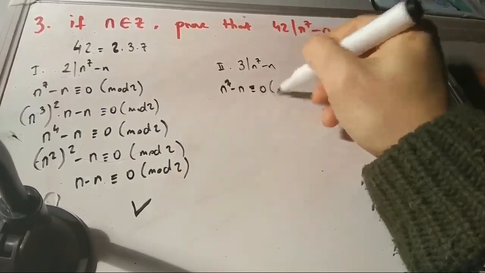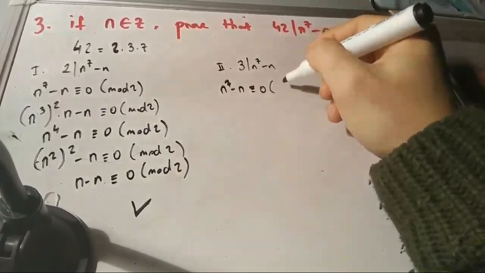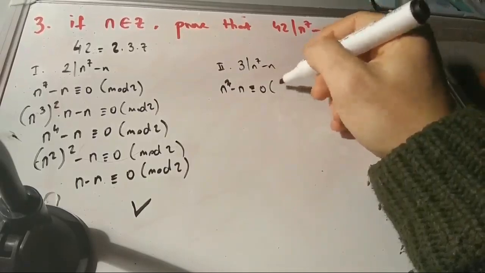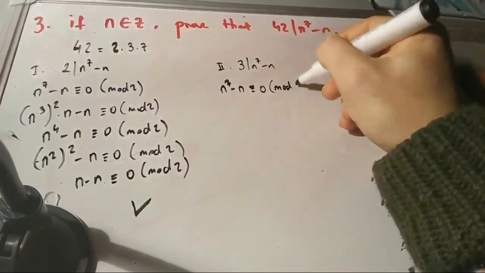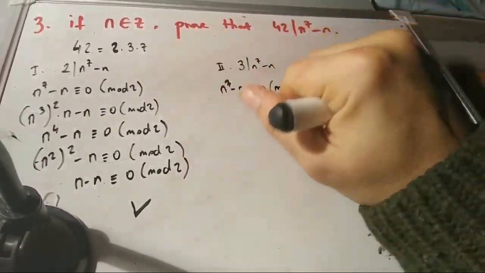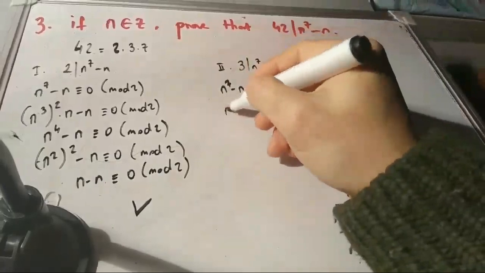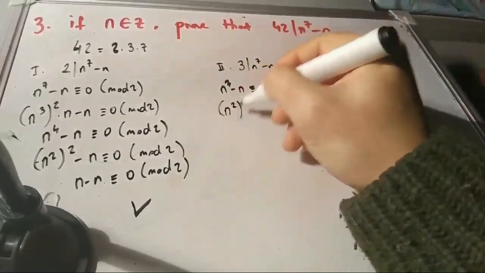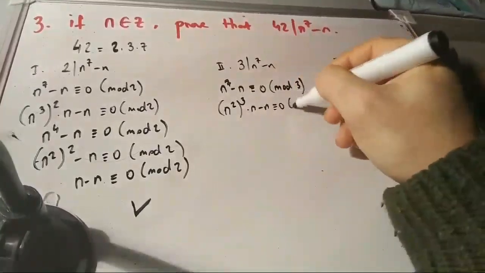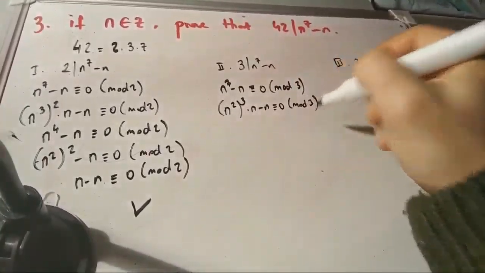So instead of n to the power of 7, we will write n squared to the power of 3 times n, minus n is congruent to 0 in mod 3, right?